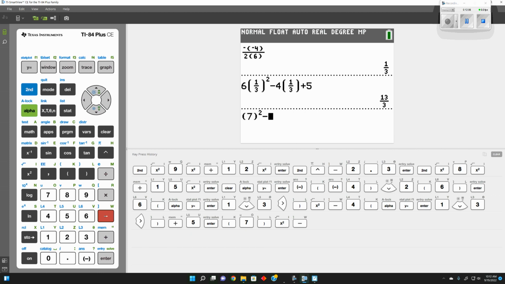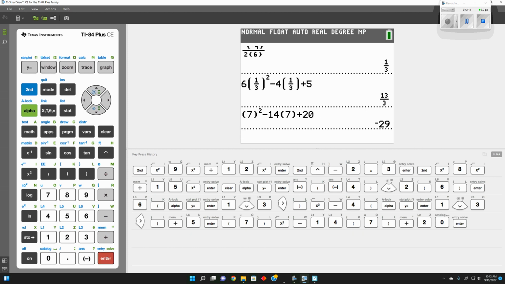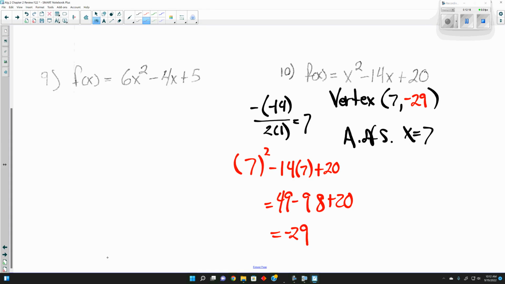Seven squared minus 14 times 7 plus 20. Negative 29. You don't have to do this by hand, but I would at least write it down, at least kind of showing where you started. That way you can plug it in and see what you're getting, because that sometimes helps to look back at.